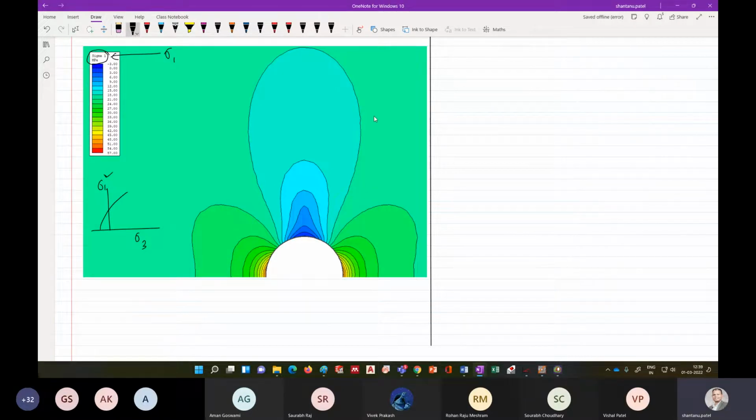Now, if you see this color and this color, can anybody tell me what distinguishes these two colors? What is the value here which corresponds to these two colors? Anyone?